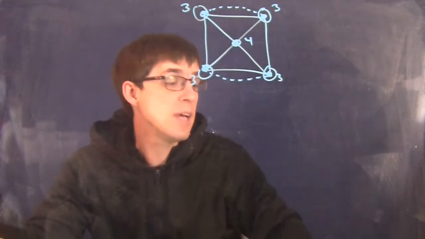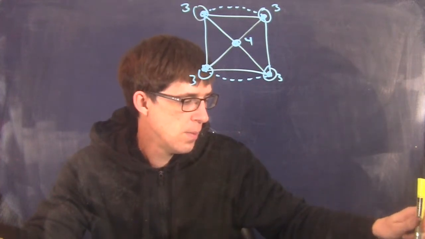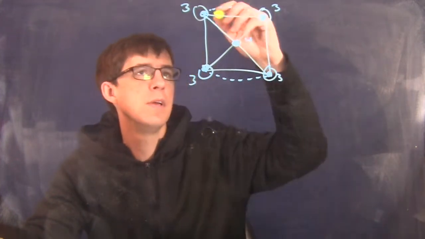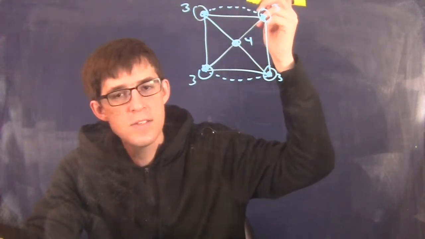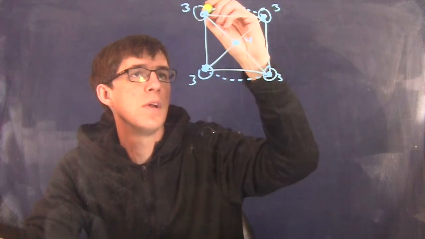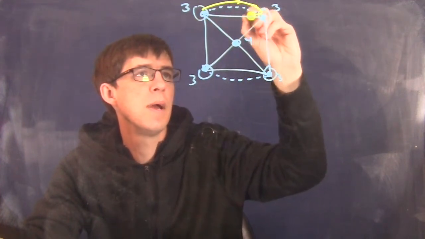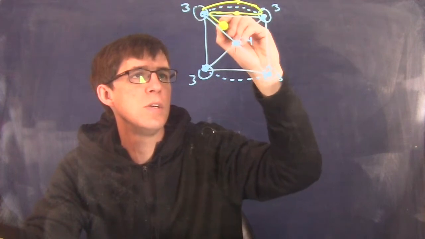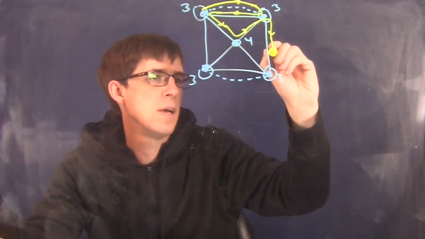Anyway, now that I have this, I can draw in my circuit. I'll do it in this color, which is going to run out, hopefully. Let's start up in the corner here. Again, I didn't say so, so you can start your circuit wherever you want. So I'll go across the top and then back across this. That's one duplication. Come down here, come up here, down like that.